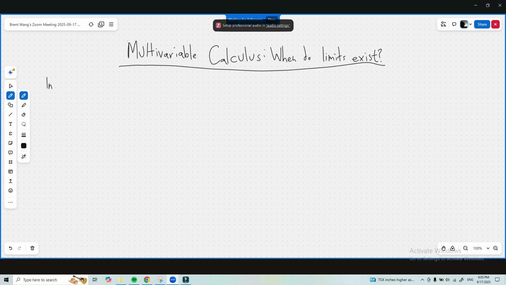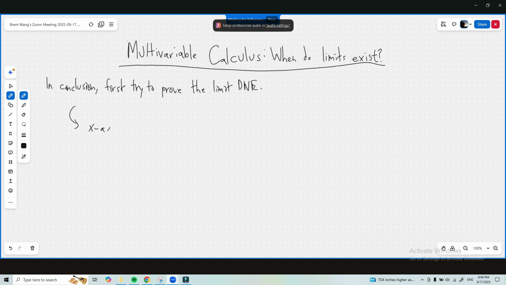In conclusion, first try to prove the limit doesn't exist. And I actually have a cheat code. Here's a rule of thumb.